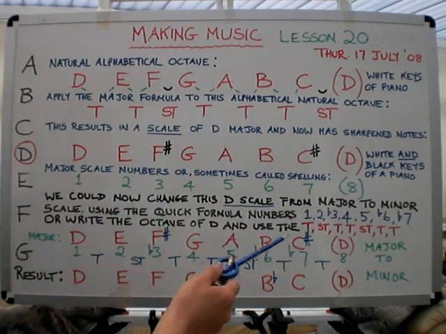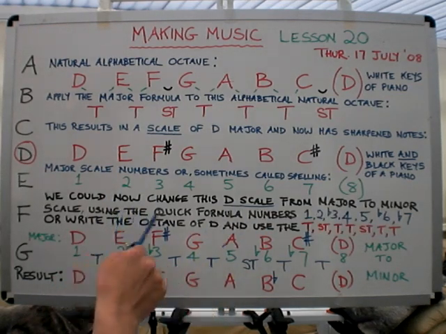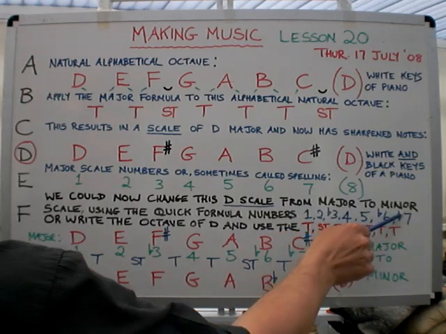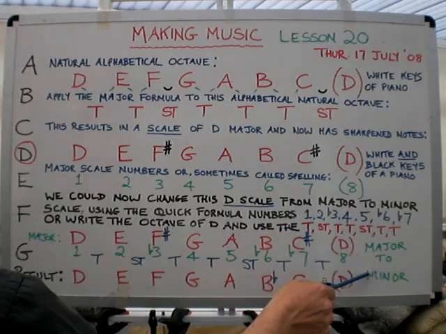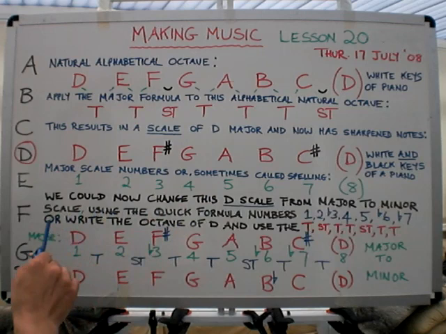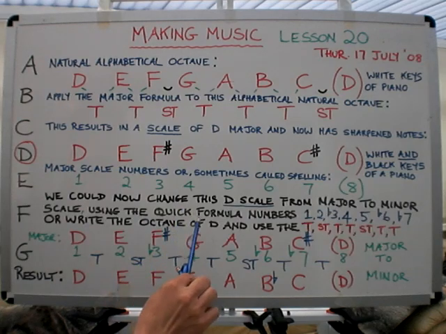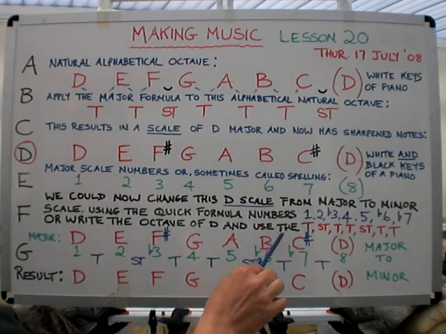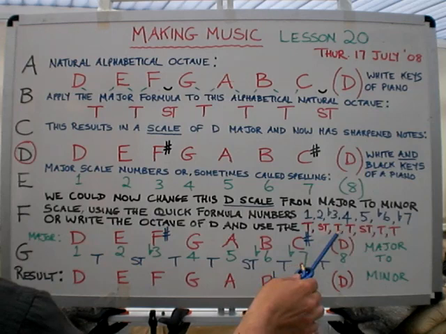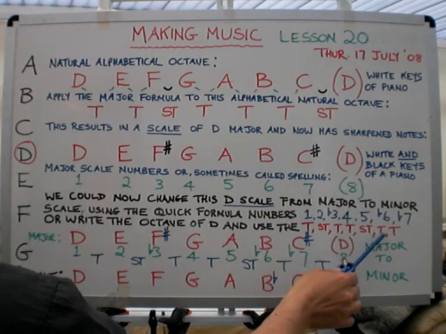Now we've got two ways. We can either use a quick formula to change from major to minor, or we can write out the octave, just the natural octave of D, and use the tone, semitone, tone, tone, semitone, tone, tone.